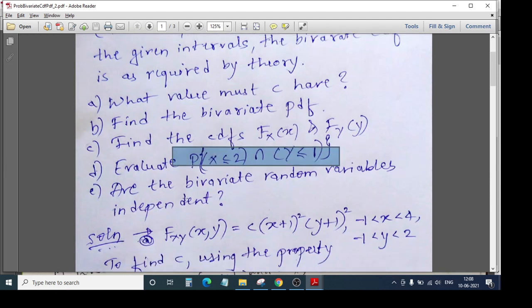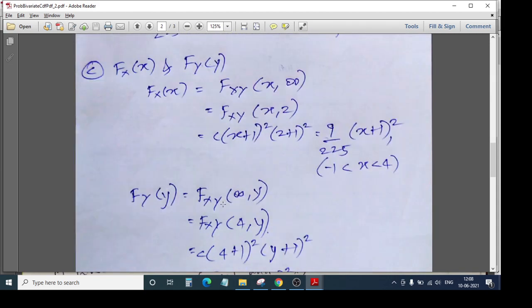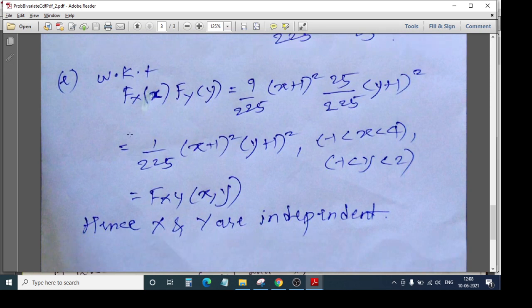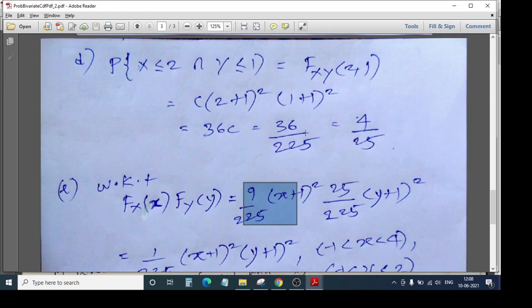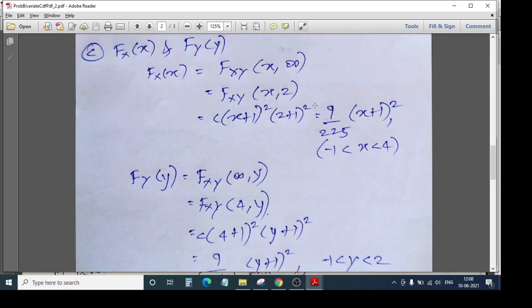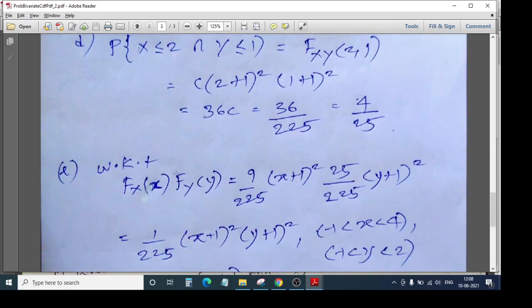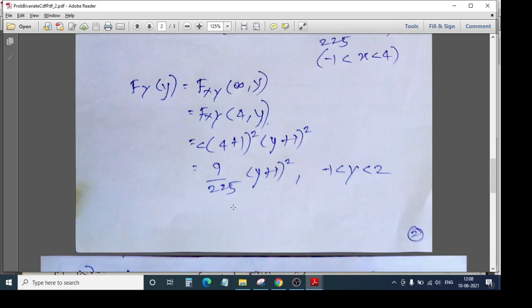Next, we will try to find out whether the random variables are independent. So if we want to find whether they are independent, we need to get Fx of x, we need to get Fy of y. So Fx of x we have found out already, which is 9 by 225 into x plus 1 the whole square. See here, 9 by 225. And we need to find out Fy of y. Even that we have done here. Just a small mistake here, this should be 25.